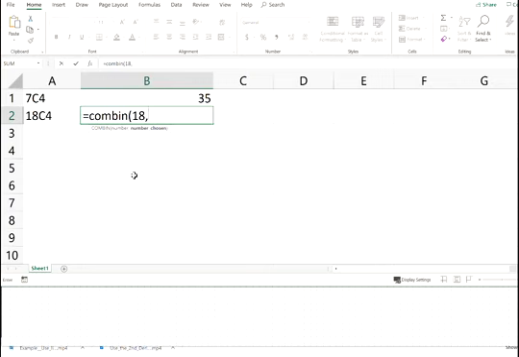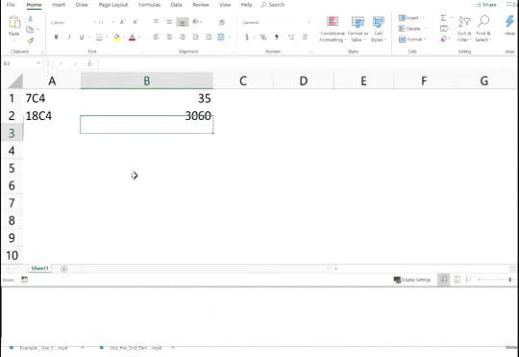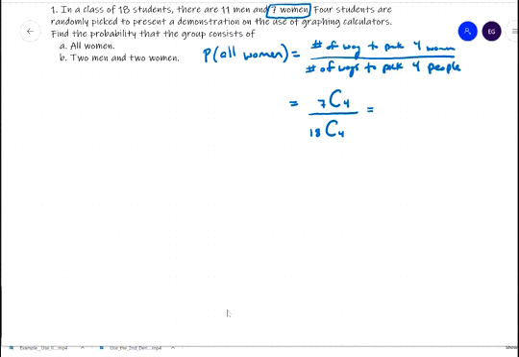The number we're choosing is 4. So we have 35 divided by 3060. And let's convert that to a decimal.